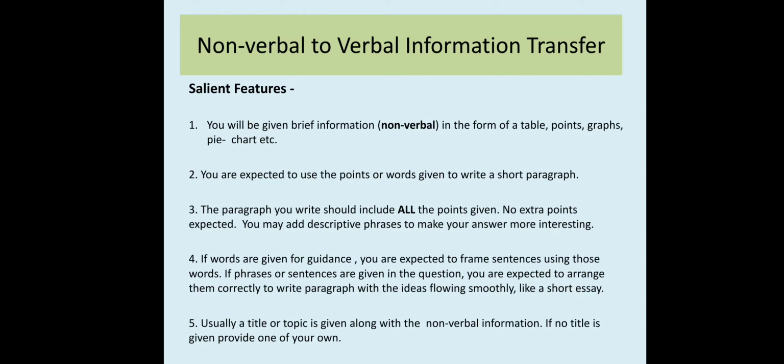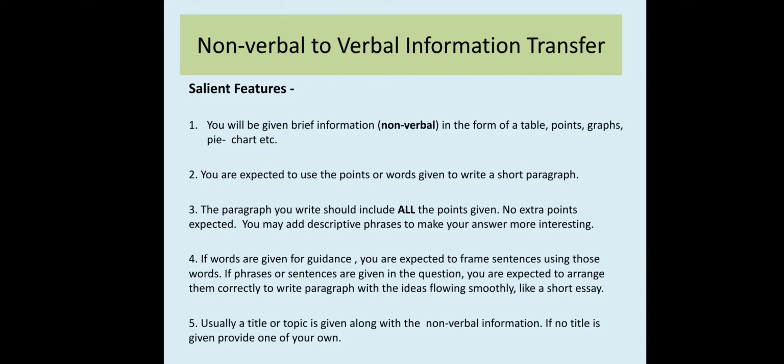Next one, the fourth point. If words are given for guidance, you are expected to frame sentences using those words. If phrases or sentences are given in the question, you are expected to arrange them correctly to write a paragraph with the ideas following smoothly, like a short essay. That means sometimes in points the information is given.